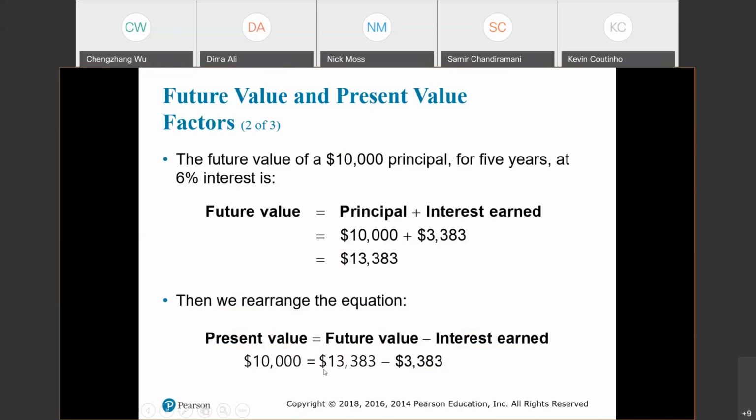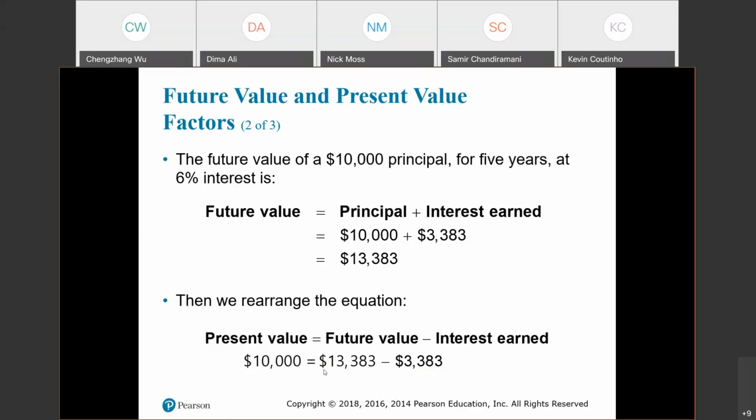Here are the present value of lump sum and future value of lump sum examples.